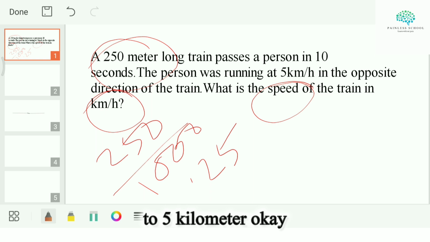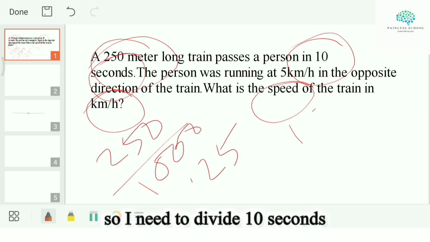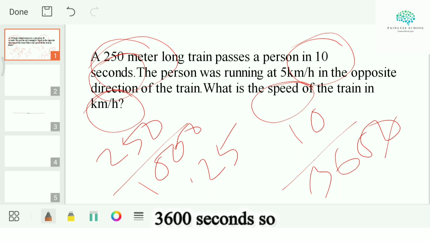Okay, and 10 seconds, we need to convert it into hours, so I need to divide 10 seconds by 3600 seconds, so we have 1 by 360. Okay, so this is the scenario here, and let's move forward.